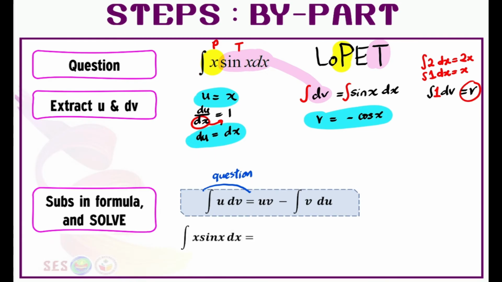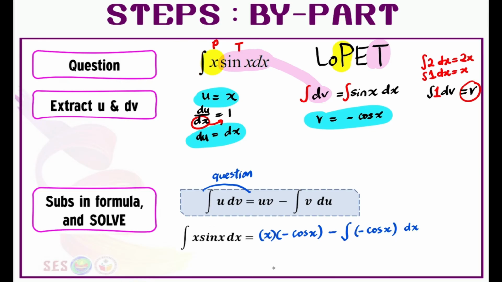Alright, so that's our question, and we are going to substitute what we extracted earlier in our formula. So we will get u multiplied by v, uv is x multiplied by negative cos x, and then minus integrate of v. v is negative cos x, and du is dx.